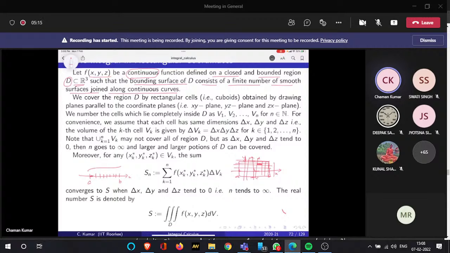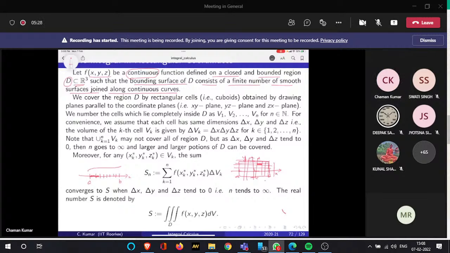In the one variable case, we have intervals. So from intervals we move to squares when we partition the domain of the function, and when we move from R2 to R3, these squares will become rectangular cells.